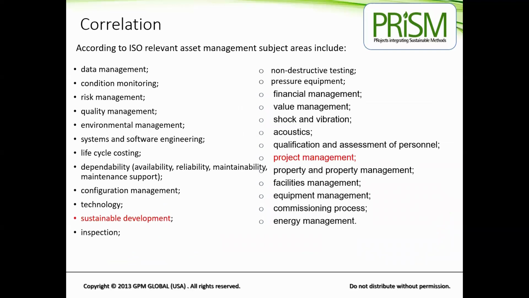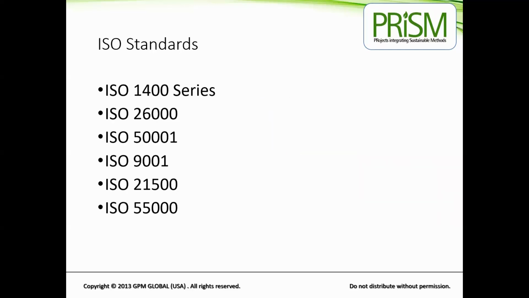In terms of correlation between sustainable development and project management, it has a very strong linkage according to the ISOs of asset management. A lot of people who are managing facilities need to understand the alignment between project management and sustainable development.